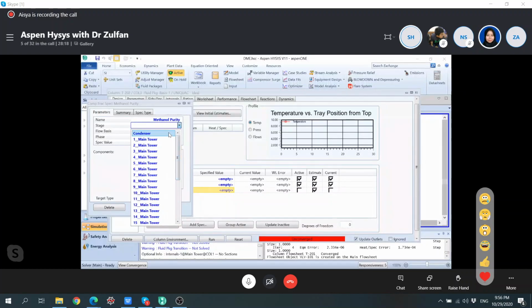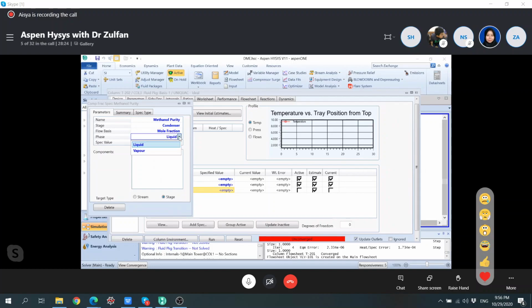Set up condenser. This is mole fraction. I need my calculator for this. Very good. But this is for purity, you don't need to calculate.